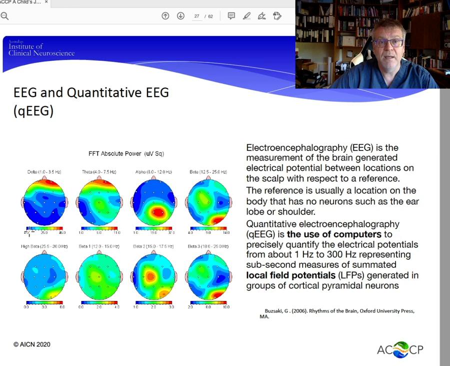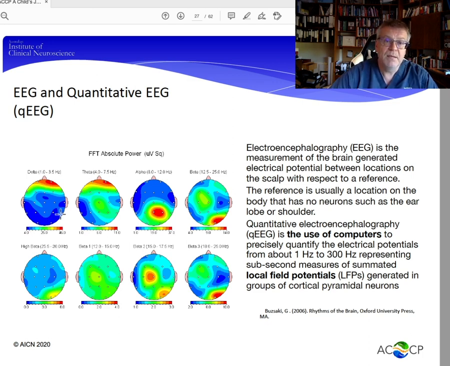These indicate activity levels of plus or minus 3 standard deviations. When it's dark blue, it's minus 3 standard deviations, and when it's bright red, it's plus 3 standard deviations away from the norm, basically.